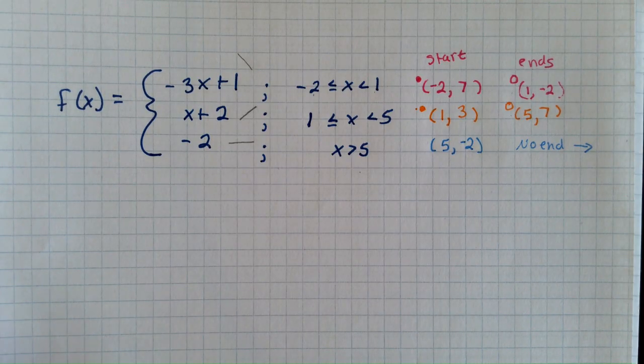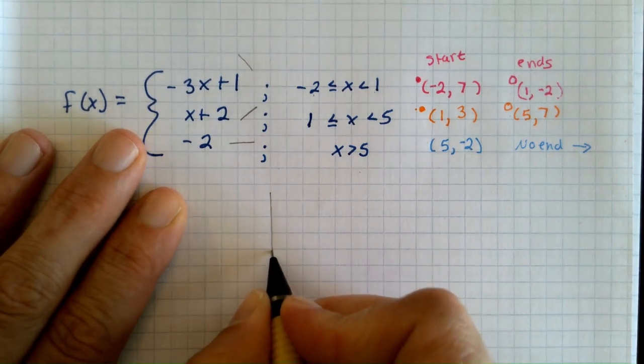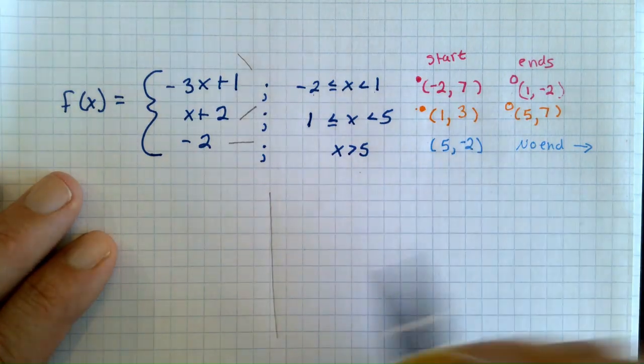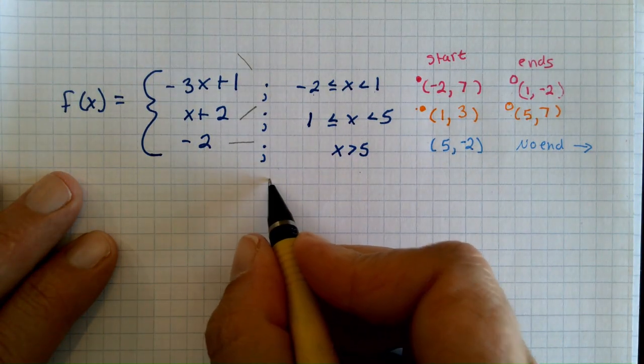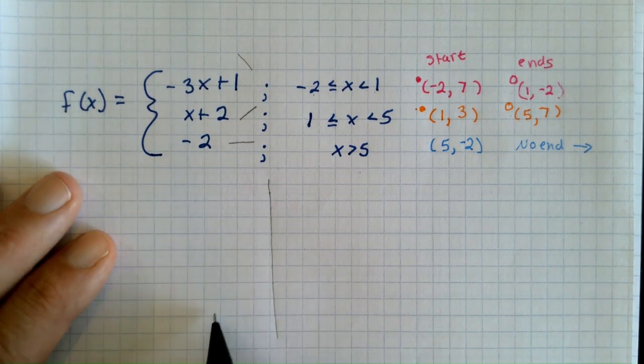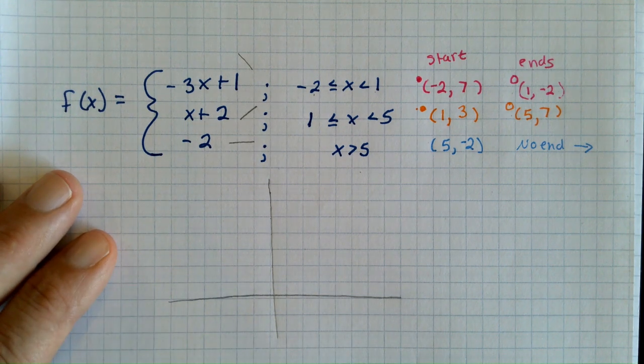So let's put these points on the graph and connect them. Okay, remember our graph needs to go up to 7, so make sure you leave room. Sometimes if you think about it, 7, 6, 5, 4, 3, 2, 1, 0, that will help you set up your axes so you don't have to redraw.